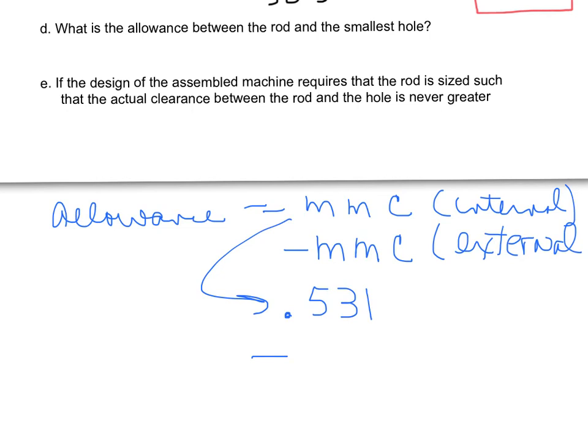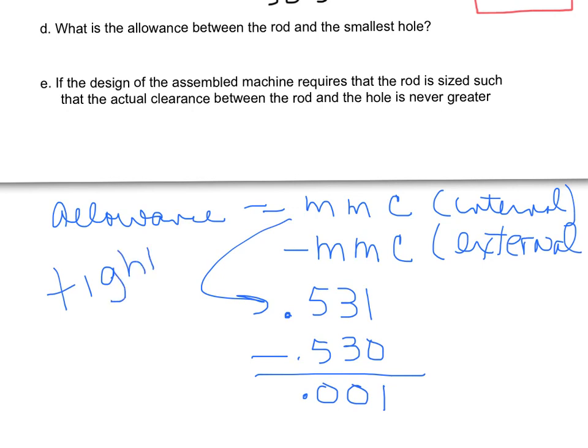What will give you the most material in there? Well, clearly the larger one, which is 0.530. Subtract the two of them, and you have an allowance of 0.001. That is your allowance. It's the tightest fit possible. So if you think of it like that, that's going to help you. Okay, so tightest fit.